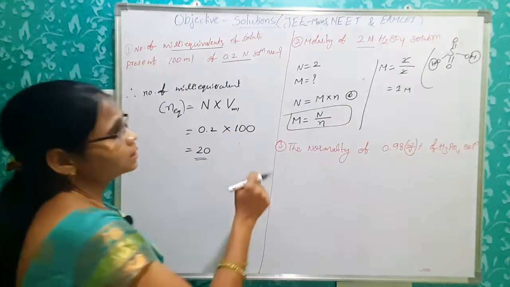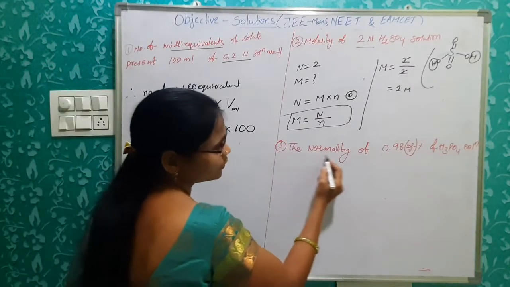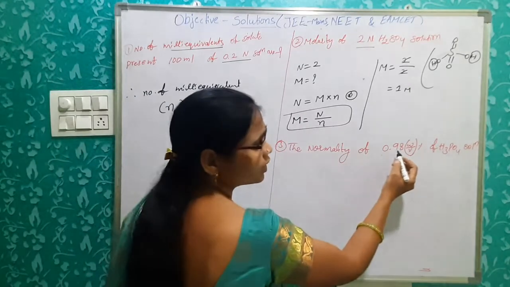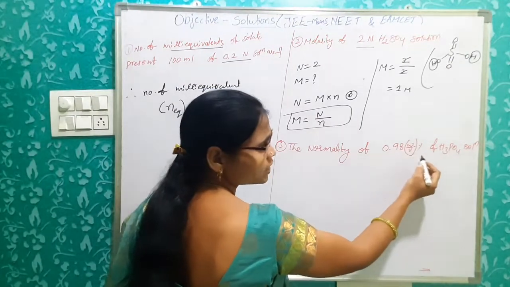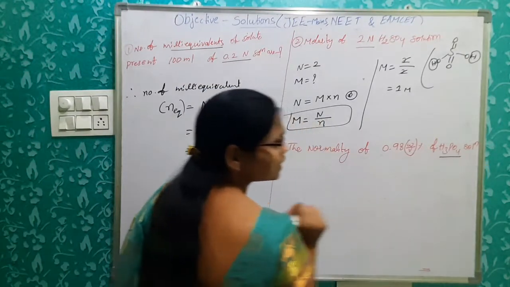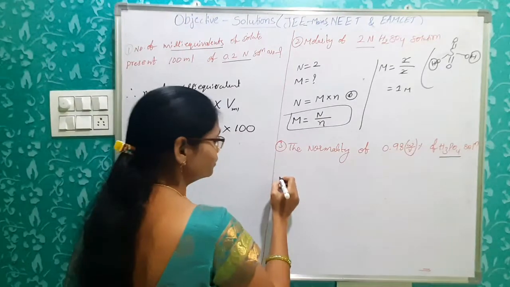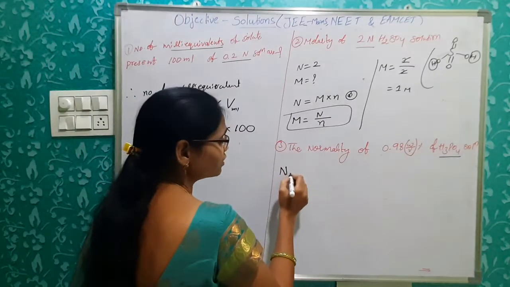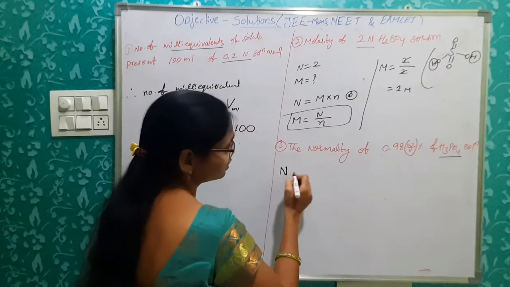Clear? Now the normality of 0.98 weight by volume percent of phosphoric acid. What is the formula for normality?